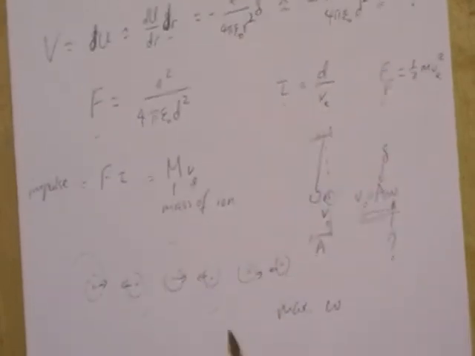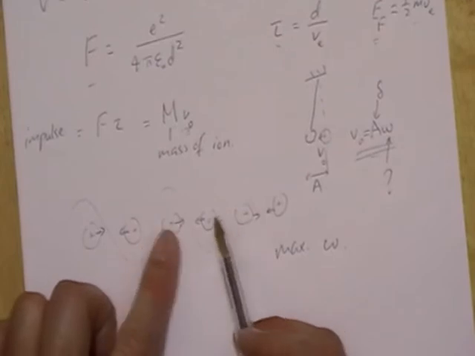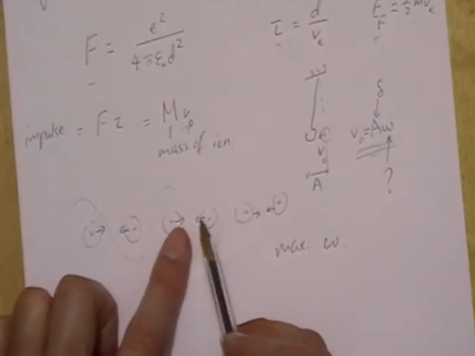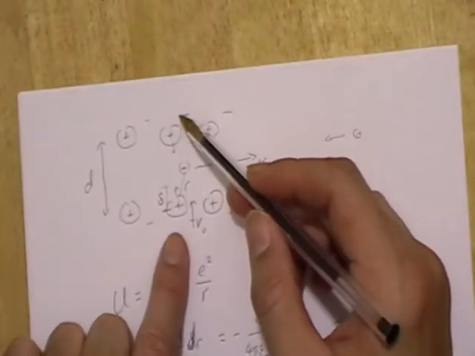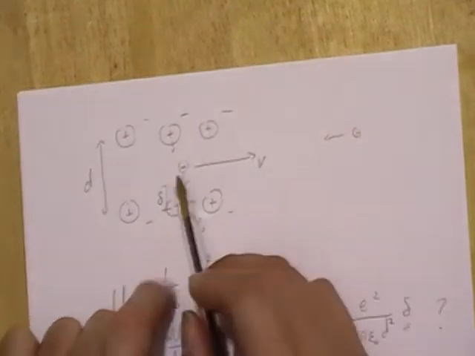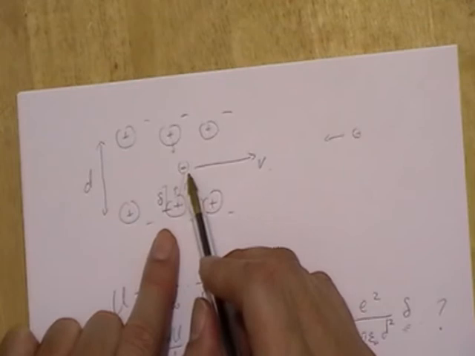Now notice that this motion, where the two ions come together, is very similar to that motion, where the two ions are attracted together by the zooming electron.